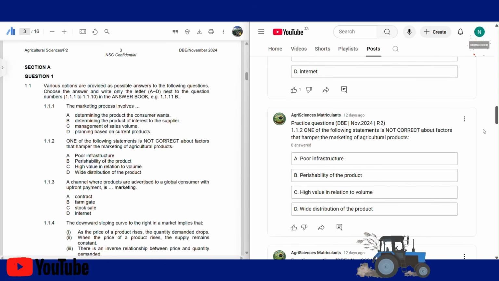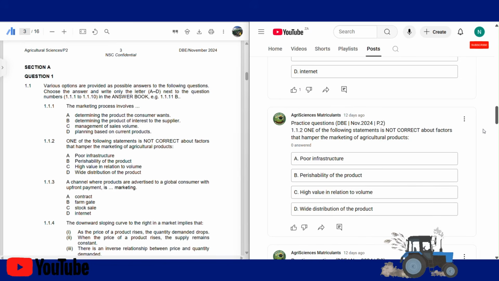1.1.2. One of the following statements is not correct about factors that hamper the marketing of agricultural products. Let's go back and think.